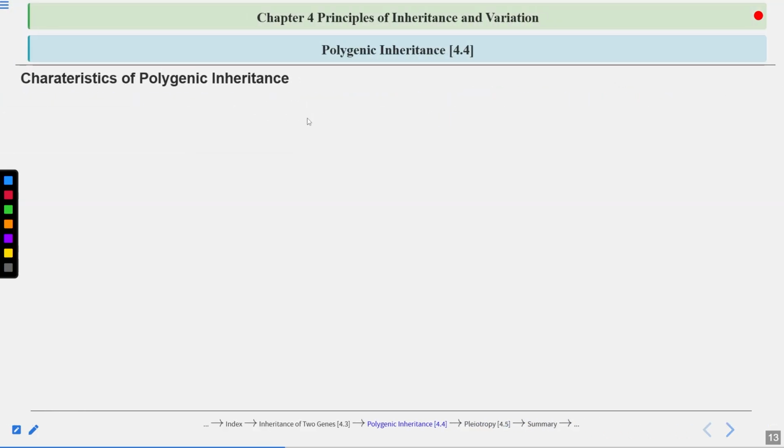Now, what are the characteristics of polygenic inheritance? It involves multiple genes: multiple genes control a single character, a single trait. They also show the influence of environmental factors. Skin color is influenced by the environment: you go in the sunlight, and the skin color becomes dark.